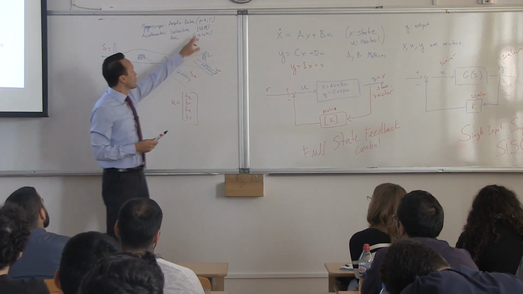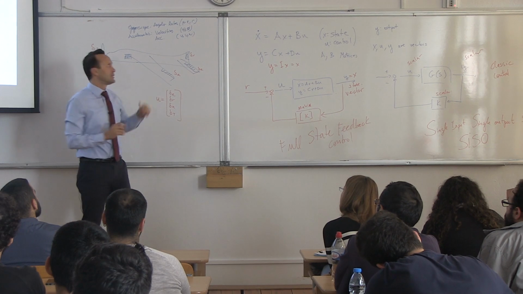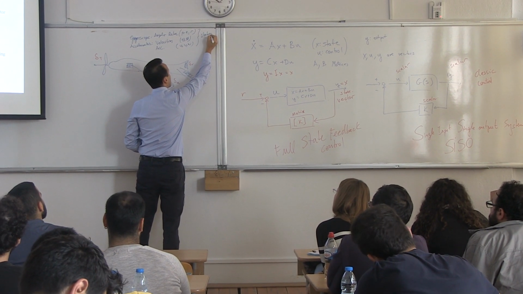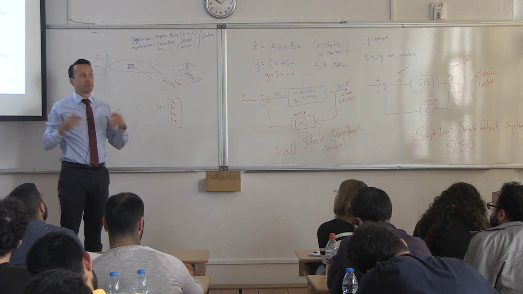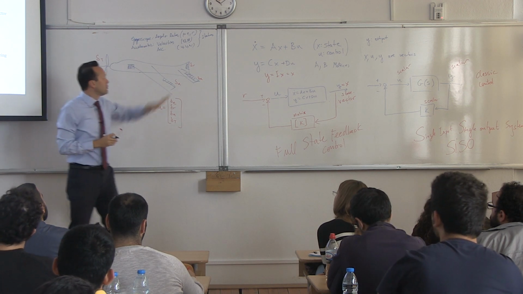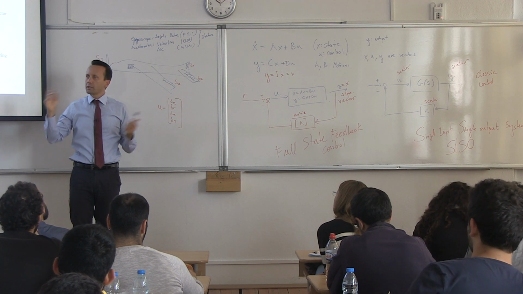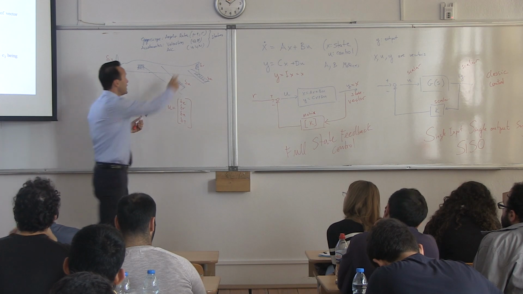So these would be the states for a typical airplane, the rigid body states during its flight. You give me these variables, and I can tell you what the airplane is doing in space. So these are the states.